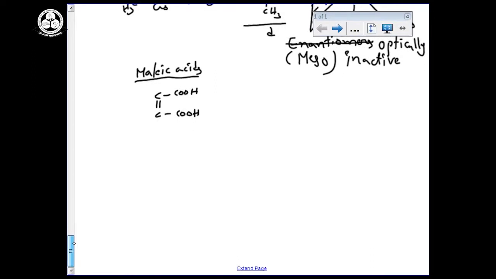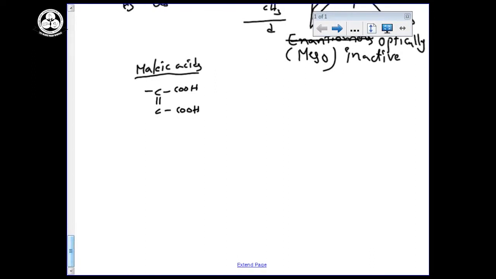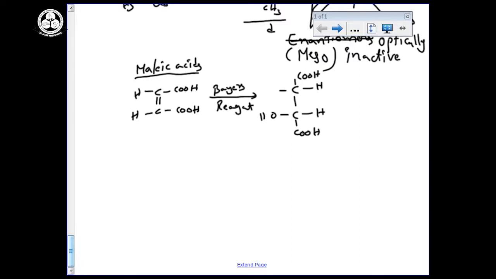See the clarity of explanation in another example. Maleic acid I am taking. This is also the cis form I am taking, the cis form of maleic acid. Now the same Bayer's reagent we are using. C single bond C, and this is COOH and this is also COOH. Hydrogens I am writing on one side, so you have to add OH on the other side.